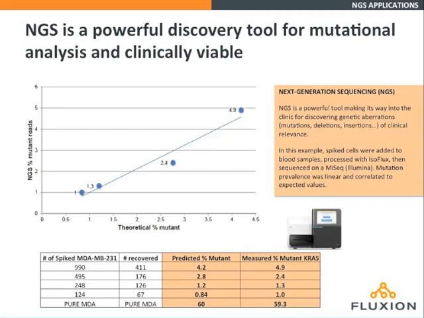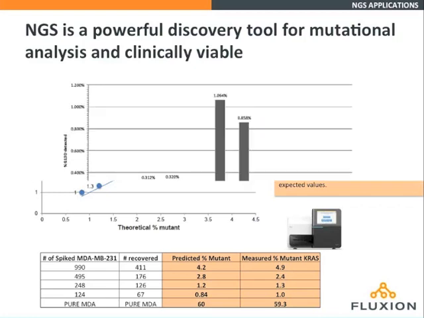In this study, we looked at spike-in levels and cell recovery from blood samples, and we looked at the predicted percent mutants based on counts and compared that with the measured percentages, and they match very well. And this type of work is used to determine the limit of detection. For this particular assay, the limit of detection is going to be higher than for the KRAS qPCR. We estimate that it's going to be about 30 to 40 cells per sample.